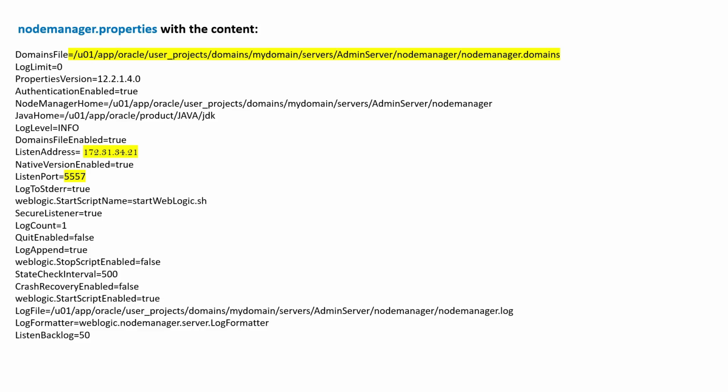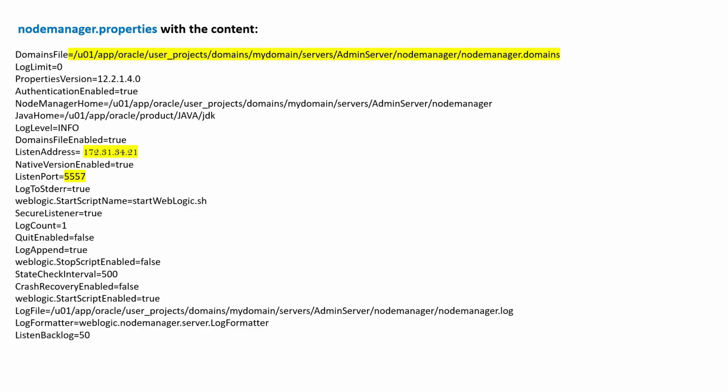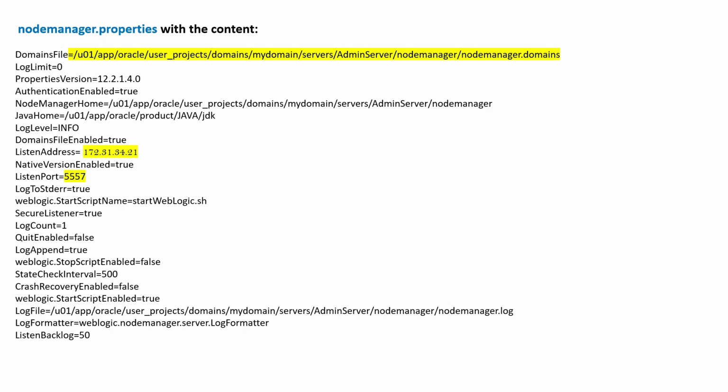And after that, what I'm changing inside the node manager.properties file is the domain file. The first is the domain file, which file it is going to point to. This is the node manager.domain file which I have specified here, right? Because this node manager.domain file I have created inside my admin server's node manager folder, so this complete location I have to replace, right?